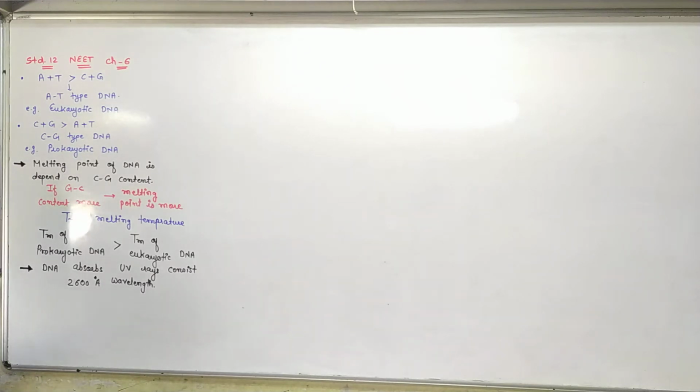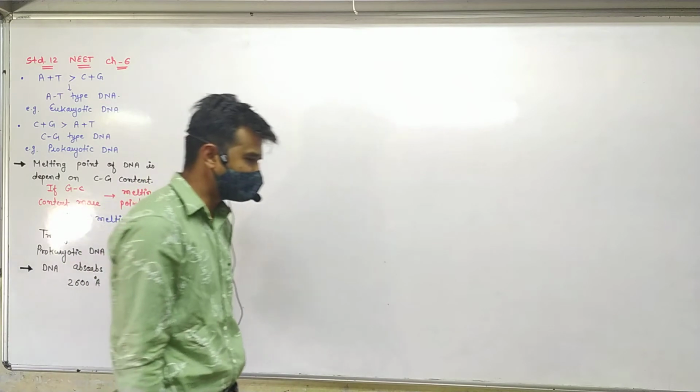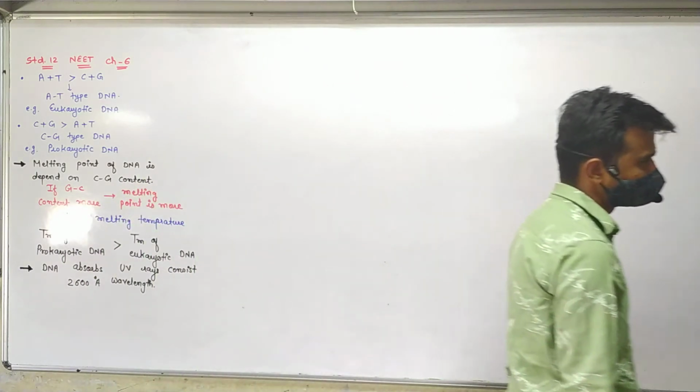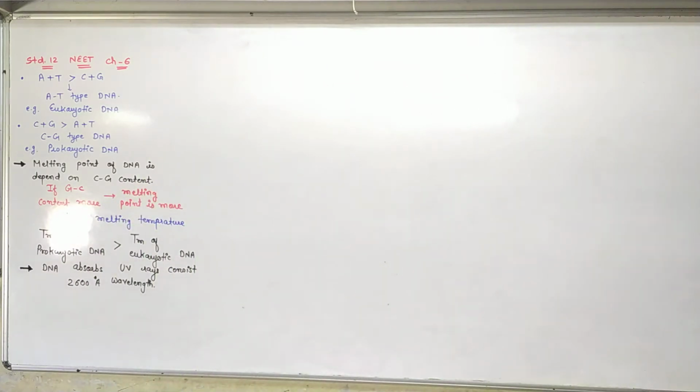DNA absorbs the UV rays which consists 2600 angstrom wavelength. Okay, and due to UV rays absorption, the DNA is mostly mutated. Yes, our eukaryotic cells, we are eukaryotic ones.